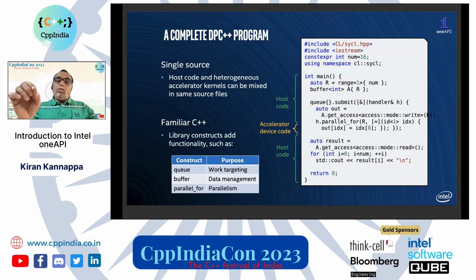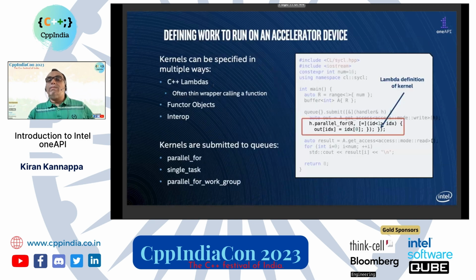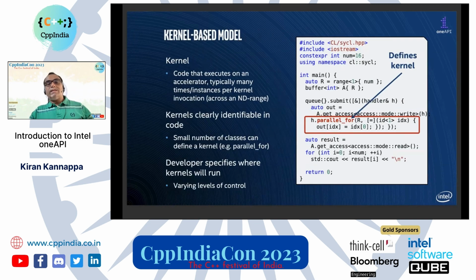So you don't want the second host code to run till the accelerator has completely finished its work, even though these pieces are now running in parallel, right? So that's where the get access construct comes in. The get access basically creates a synchronization barrier. So the host is waiting for the accelerator result to be available before it can continue its execution.